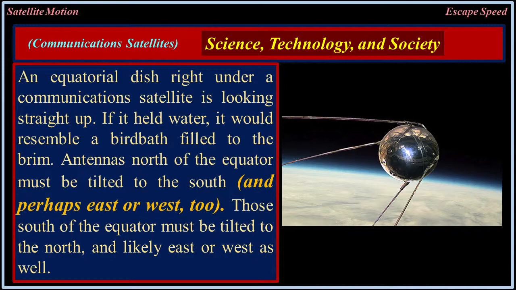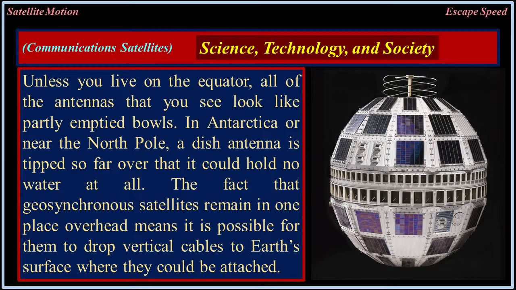Those south of the equator must be tilted to the north and likely east or west as well. Unless you live on the equator, all of the antennas that you see look like partly empty bowls. In Antarctica or near the North Pole, a dish antenna is tipped so far over that it could hold no water at all.